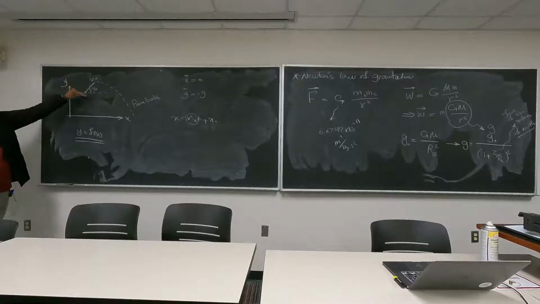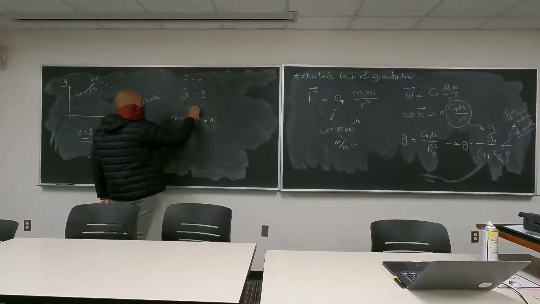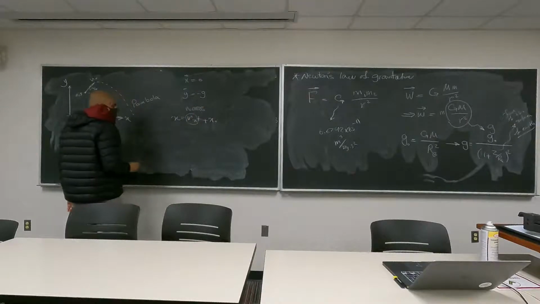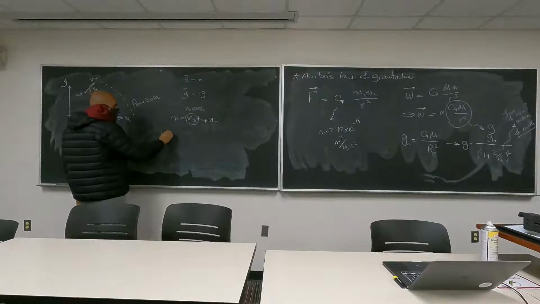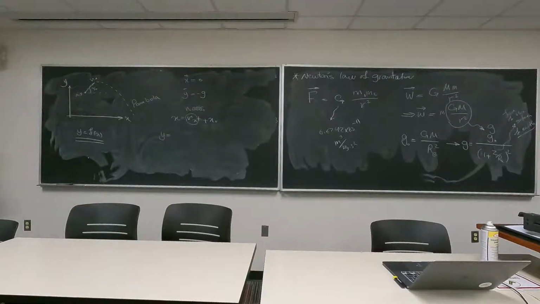V naught cosine of gamma naught. What about y? Vy t minus g t? Or you say Vy minus 1?